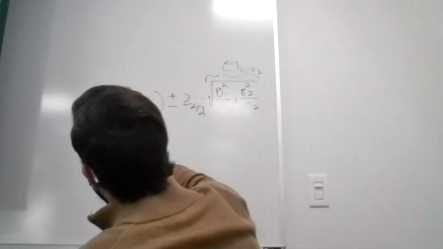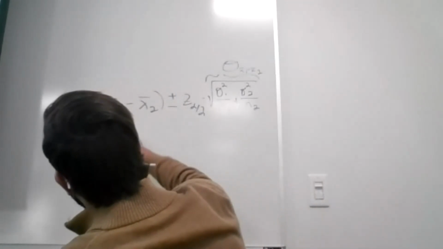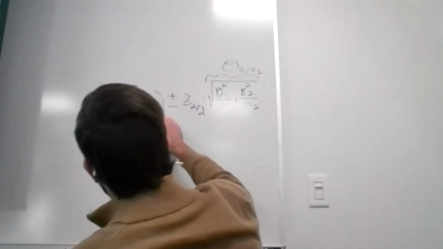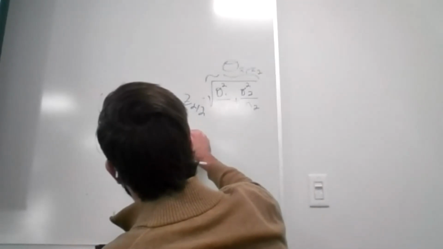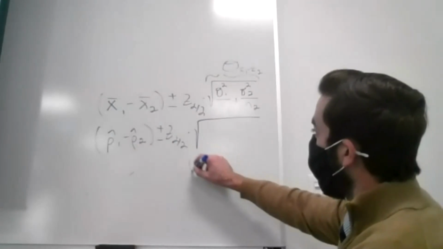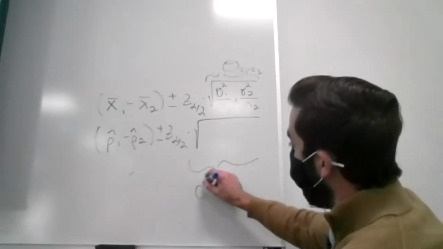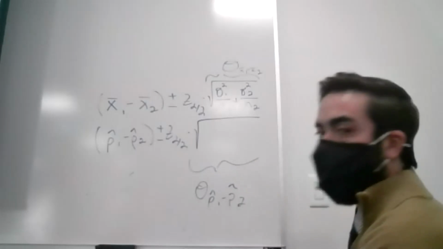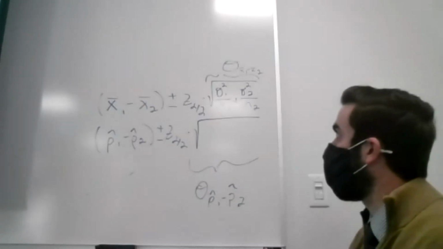So what we're going to do with proportions is pretty much the exact same thing. But now what I want to multiply by is the standard deviation of the difference in those sample proportions.